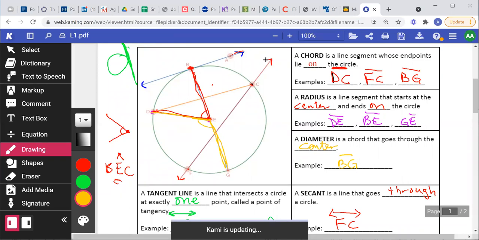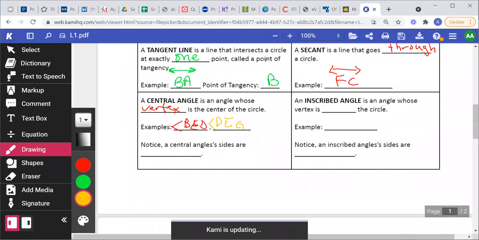If you take the yellow angle, DE is a radius and EG is also a radius. That's why the remark says a central angle's sides are radii. So if you are forming a central angle, make sure you always take two radii and join them together.